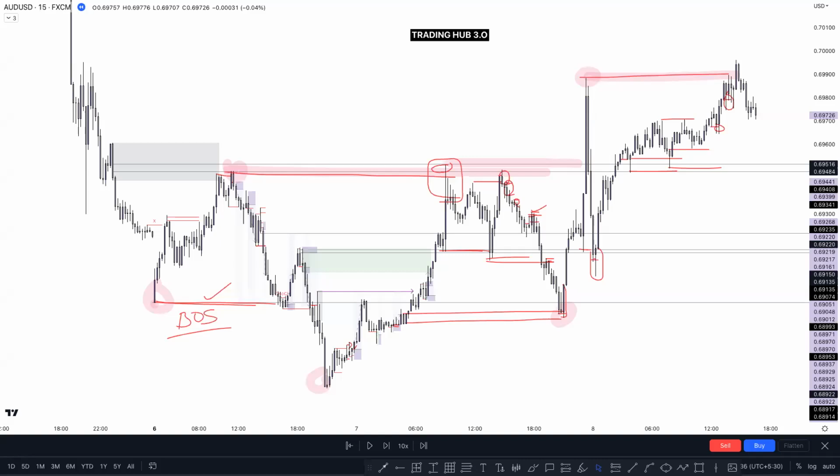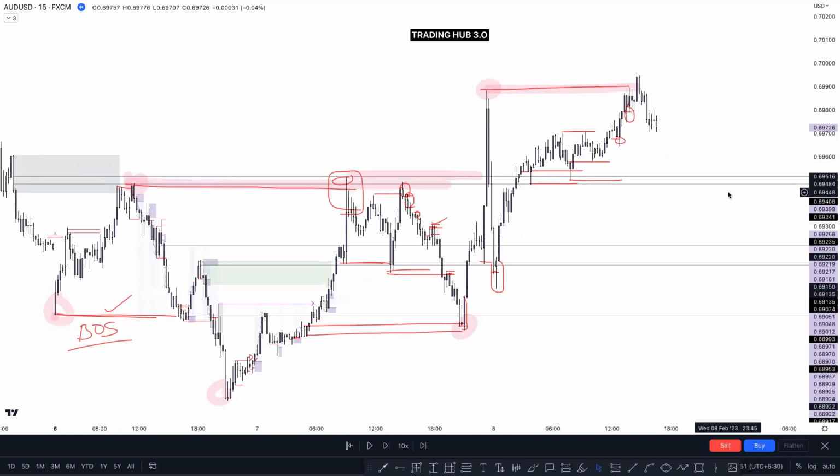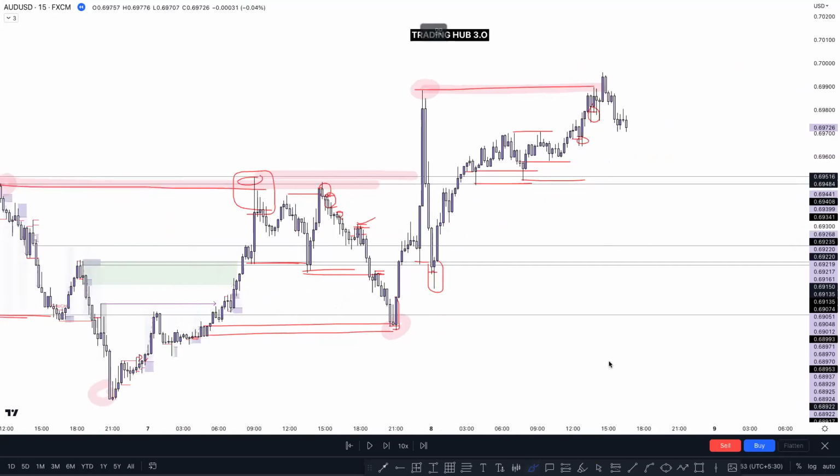But as a day trader, you don't need to check the different time frames. You have to just focus on your time frame, and simply you can find daily trades. This is a very simple process. You can also apply it on the 4-hour, 15-minute, or 1-hour time frame, as you like.